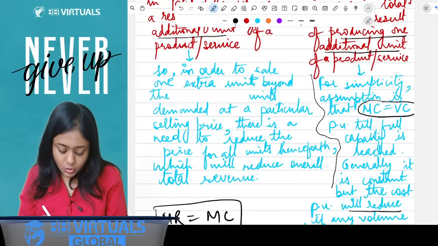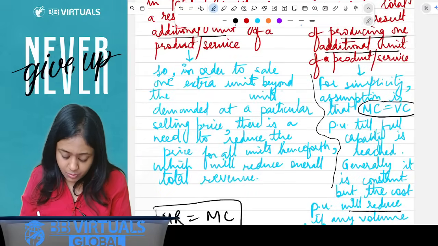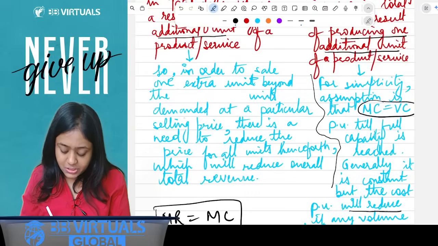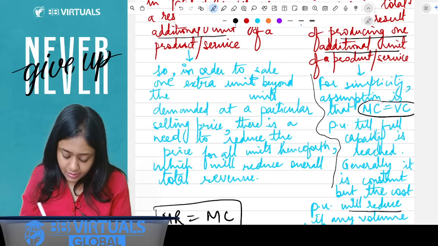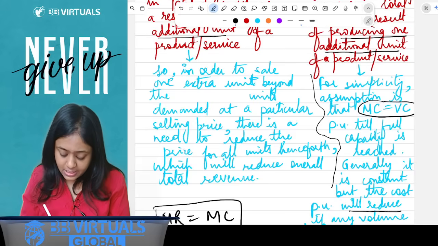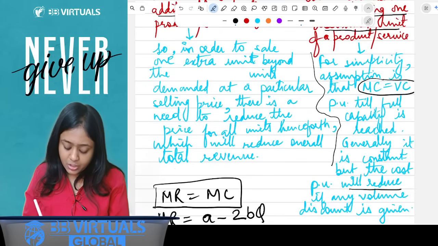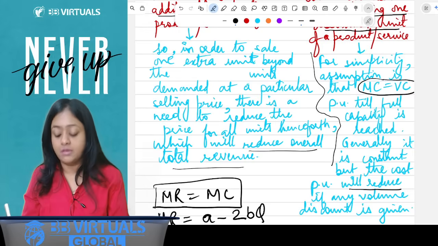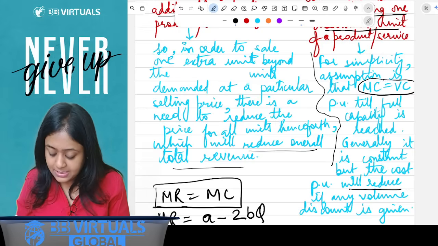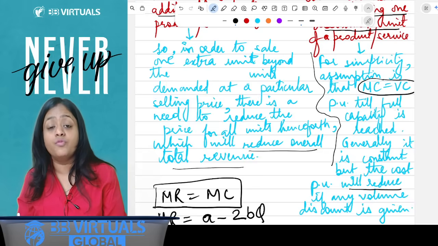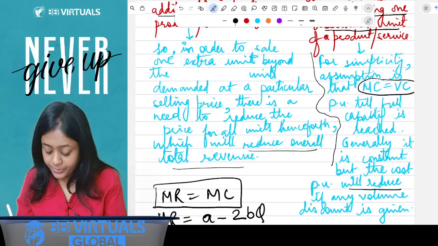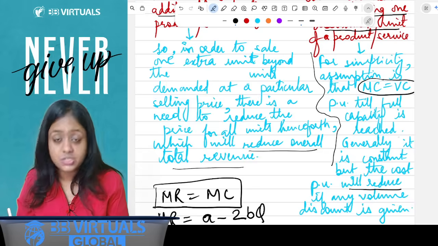Okay. So in order to sell one extra unit beyond the units demanded at a particular selling price, there is a need to reduce the price for all units henceforth, which will reduce the overall total revenue. For simplicity, the assumption is that MC is equal to VC, variable cost per unit, till full capacity is utilized.